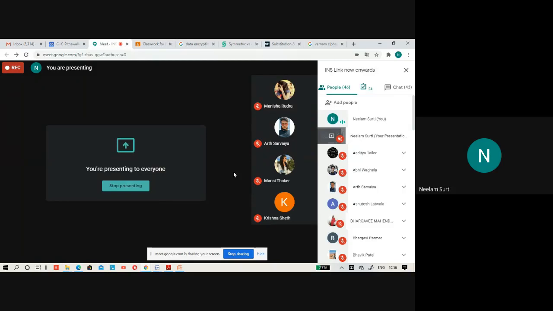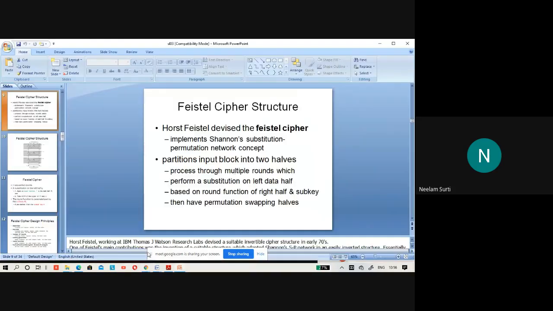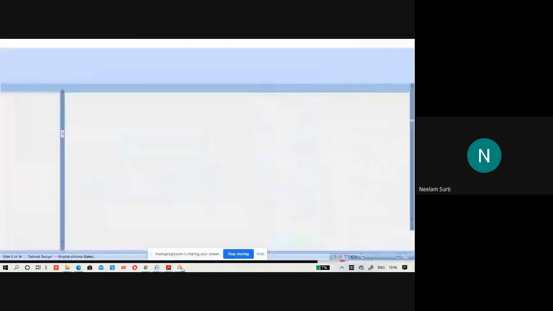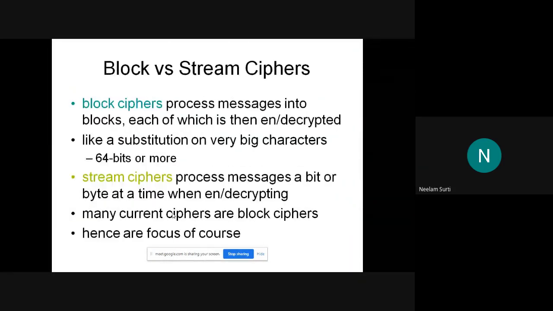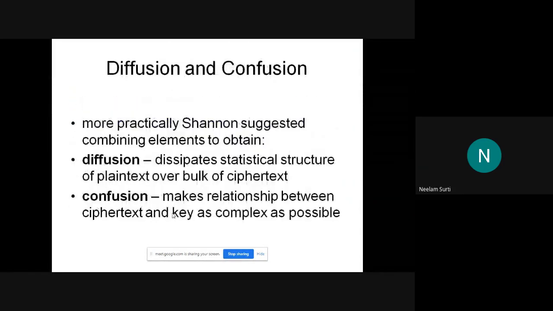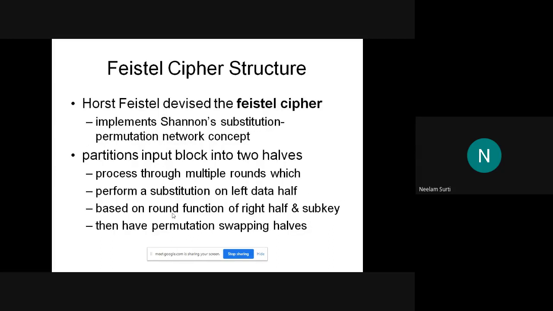Both things are considered together. When we consider them together, what type of things are possible? If a Feistel cipher is designed like this, then modern ciphers DES, AES and triple DES all use this. If you learn DES properly, other modern ciphers would be easy for you to understand.